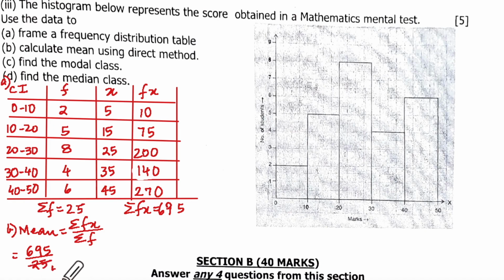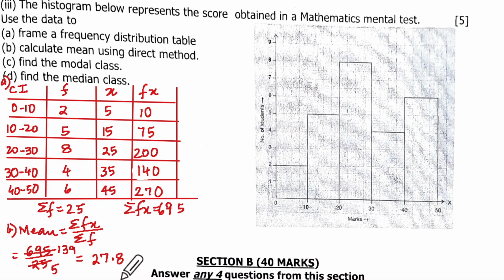So let us see, 5 goes 5 times. 5 ones 5, remain 1. 5 threes 15, remain 4. 5 nines. So that is equal to 5 twos 10, 5 sevens 35, 27.8.